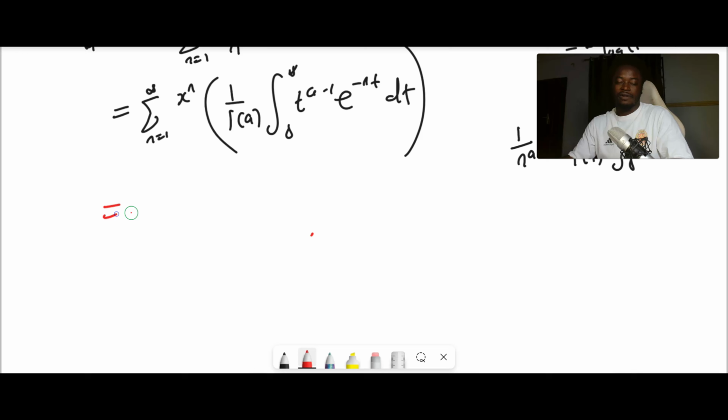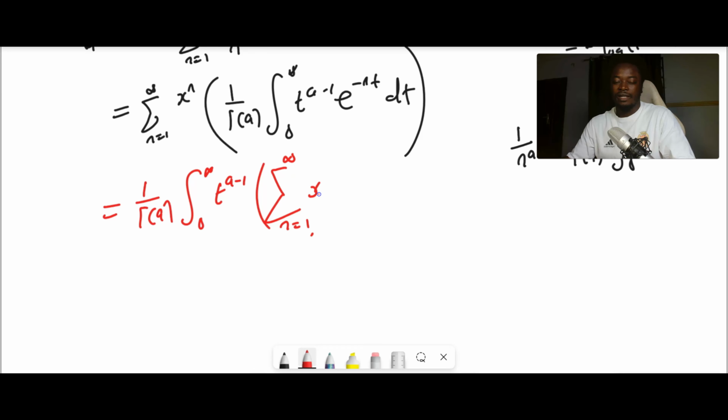So first of all we're going to write this as 1 over gamma of a, then the integral from 0 to infinity of t to the a minus 1, and then the sum as n runs from 1 to infinity of x to the n, then e to the negative nt, and then dt.